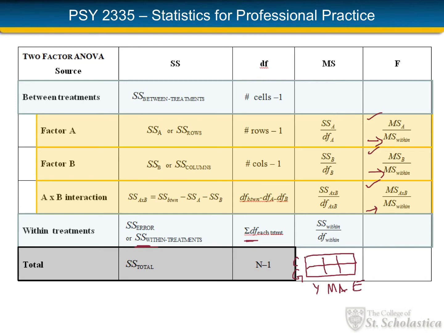So that would mean within each of these cells, there would be 99 degrees of freedom inside the cell. So our degrees of freedom for within treatments would be 594. And our total degrees of freedom would be our 600 people minus 1, 599.